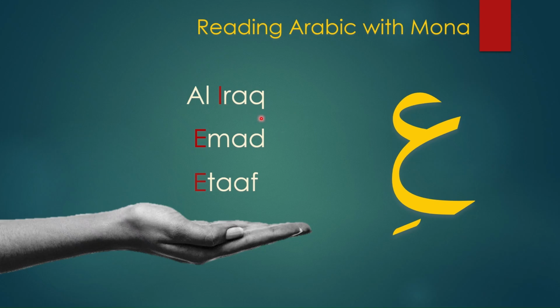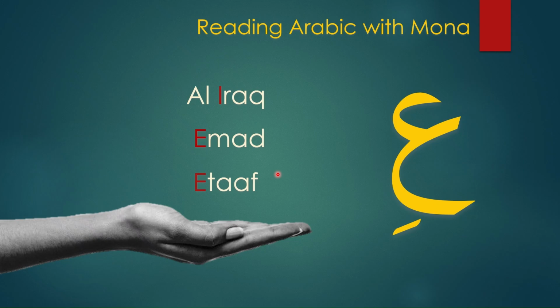Now, in Arabic, it doesn't matter if you write the I in English with I or with E. It's a matter of preference. For example, we all know that the name of the country Iraq in English is always with the I. But for people's names, they are free to choose whatever they want to choose.